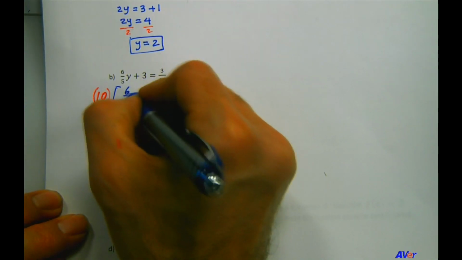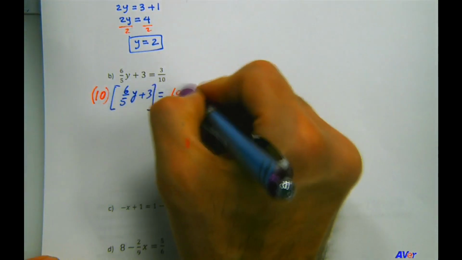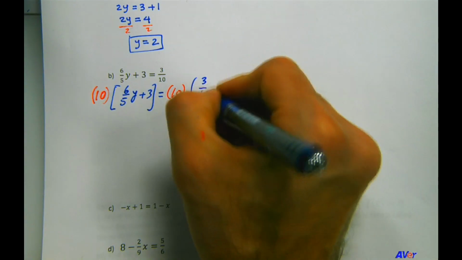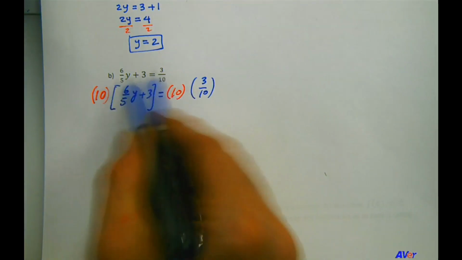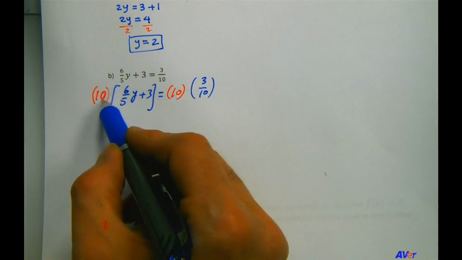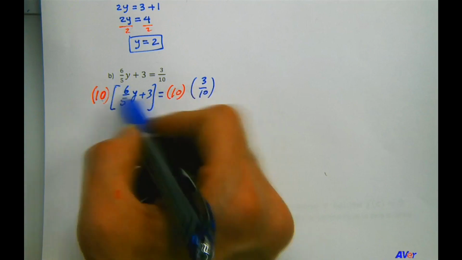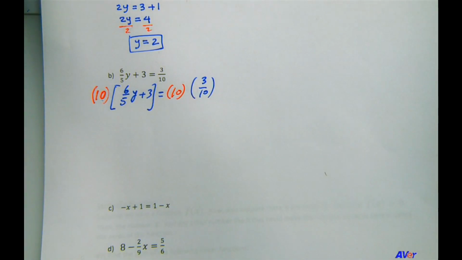And that we can do. Do you see now the difference between this and what not to do? Both sides of the equation are being multiplied by the same entity, which is going to clear both fractions at once.